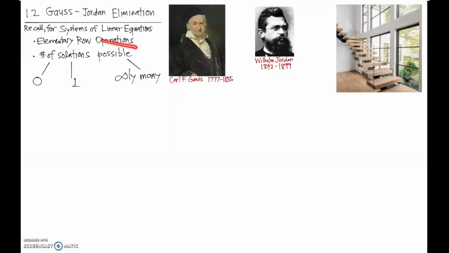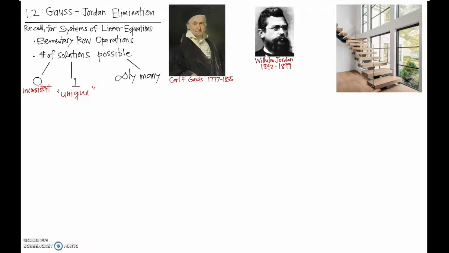When we say that there are different possibilities for how many solutions are possible, I want to go over the names. You've probably seen this before, but if there is exactly one solution, that's sometimes called a unique solution. And if there are no solutions to a system, then the system is sometimes called inconsistent, like it's not solvable.